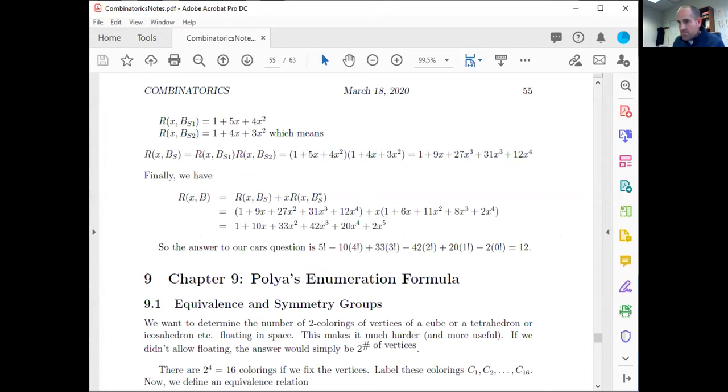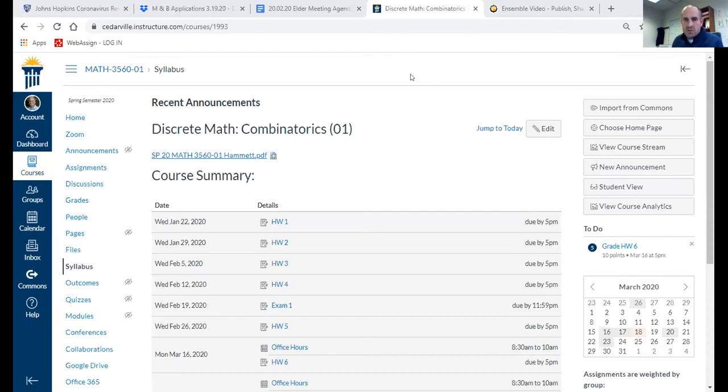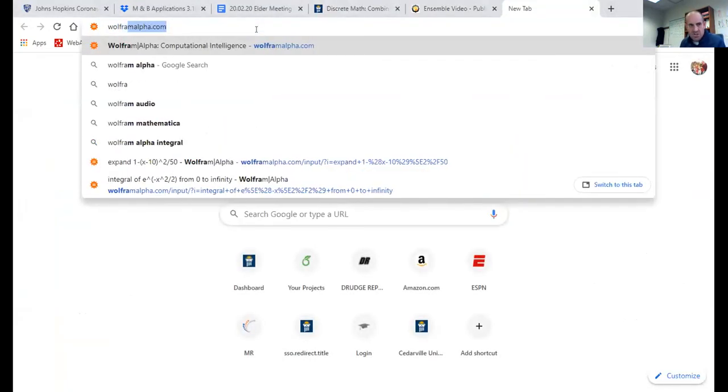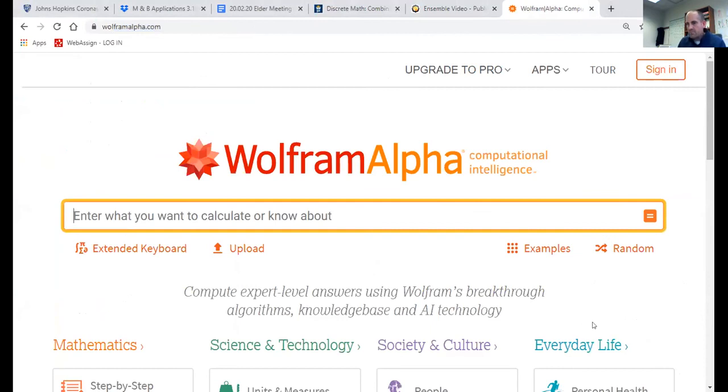Let me pull up Wolfram Alpha. Okay, so hang on a second. Let's do the computation real quick. Pull it up over here so I can actually see what's in here.